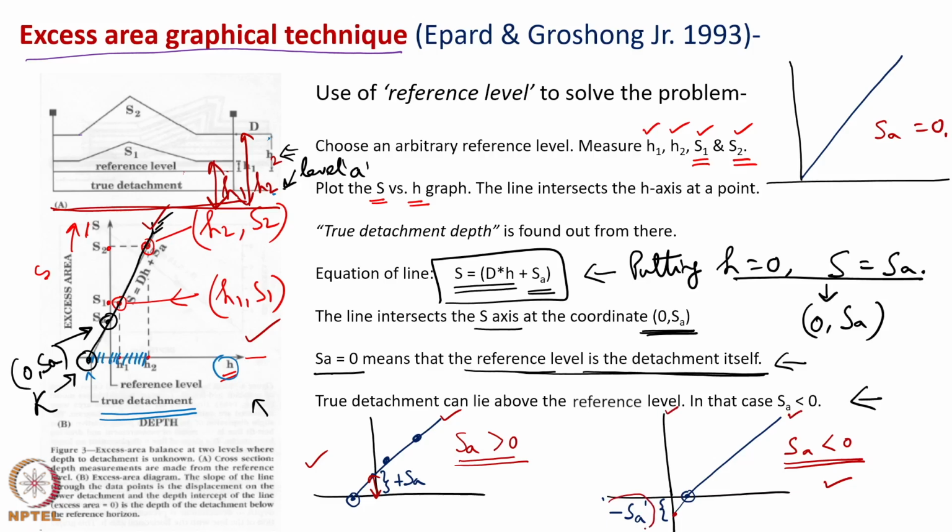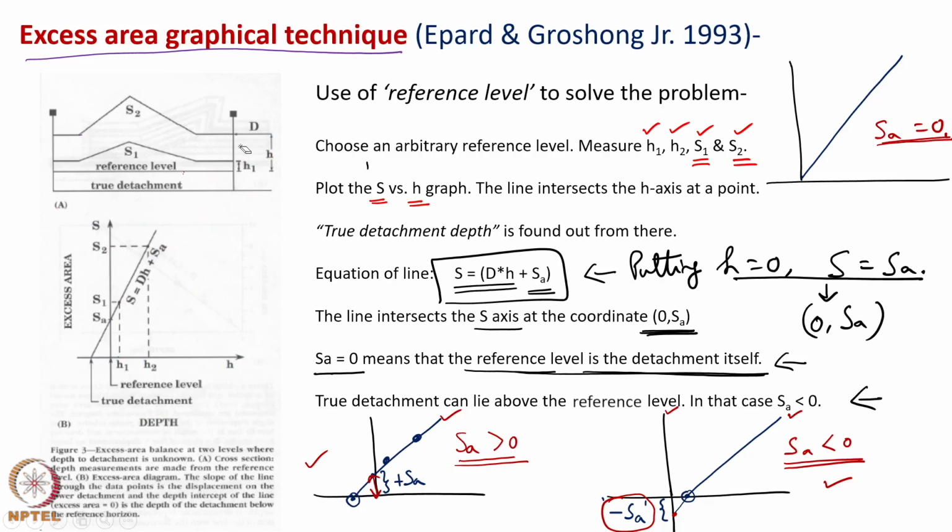So, this is minus SA, and there is a third case when SA equal to 0. What is the case? This can be a rare situation, when in this exercise we choose the reference level exactly on the true detachment. So, that is the chosen reference level. Later on we find that itself is the true detachment.